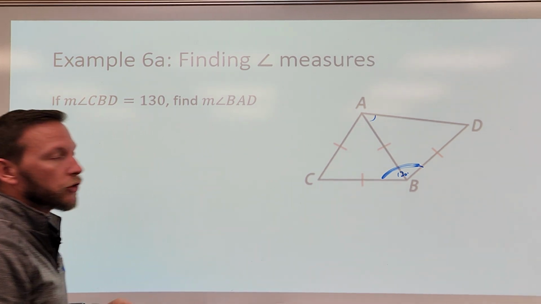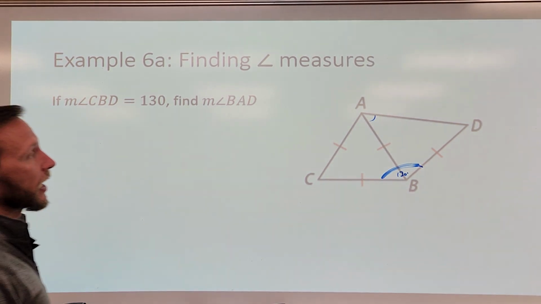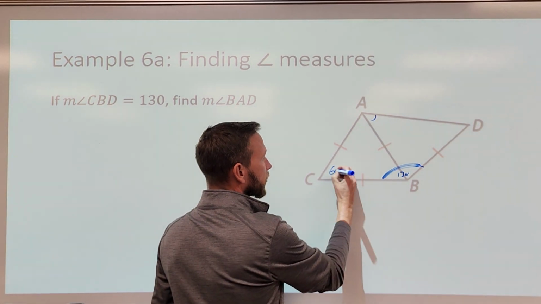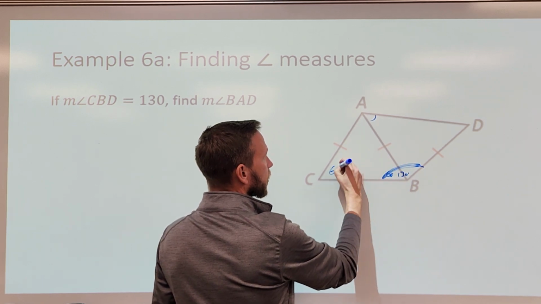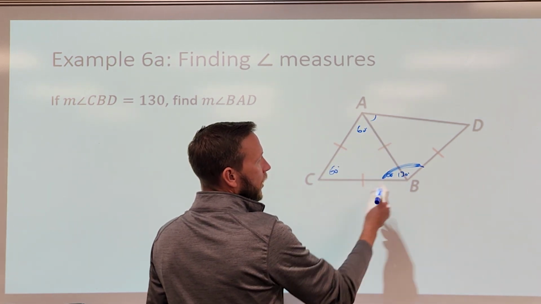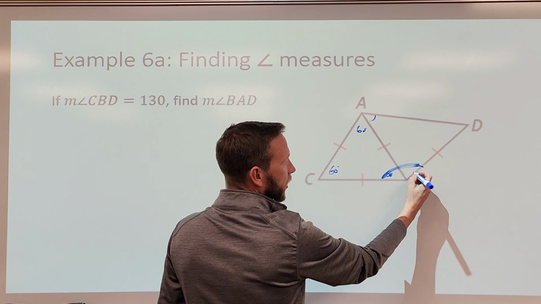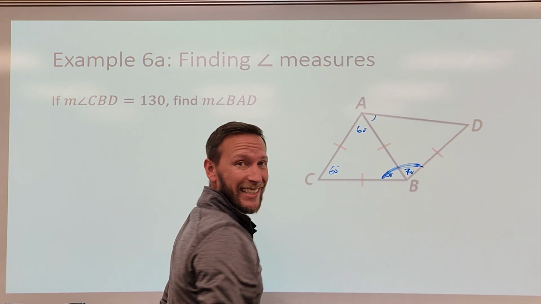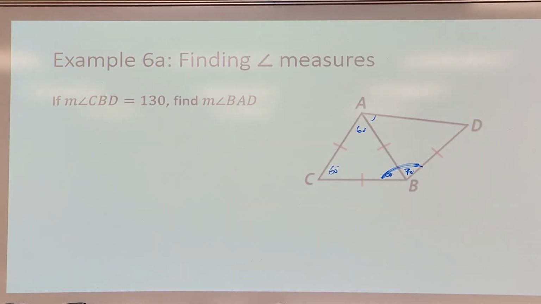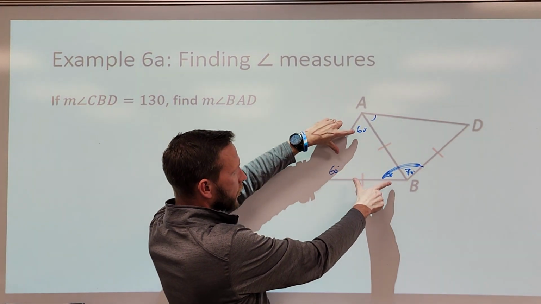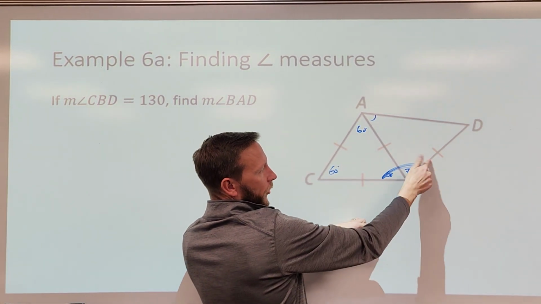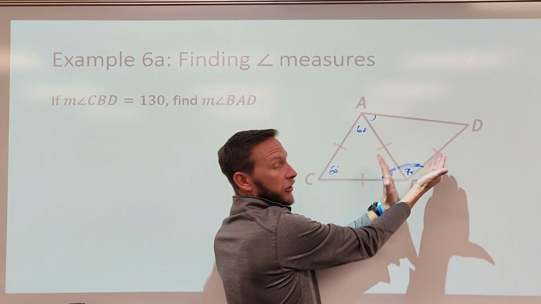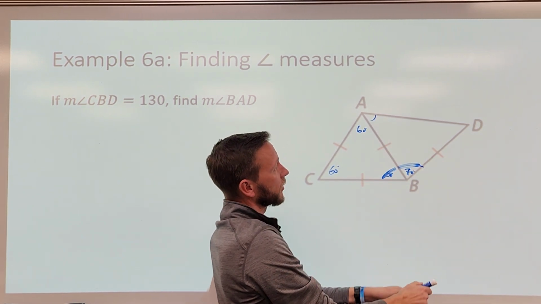So the way that we're going to explore that and understand that is, I know that this is 60, I know that this is 60, I know that this is 60. And so if this whole thing is 130, then that means that this part is 70. And so if we know the whole thing is 130, and we know that this part is 60, then we know that this piece has to be 70.